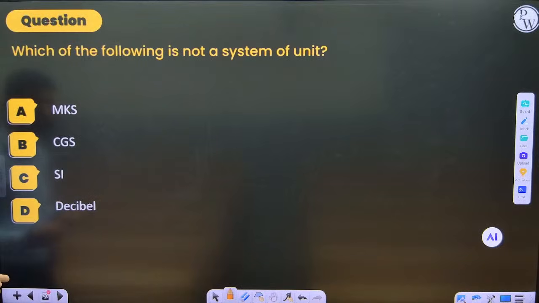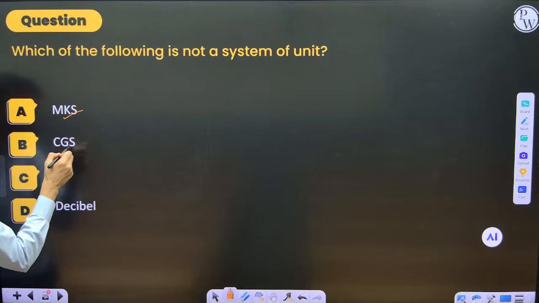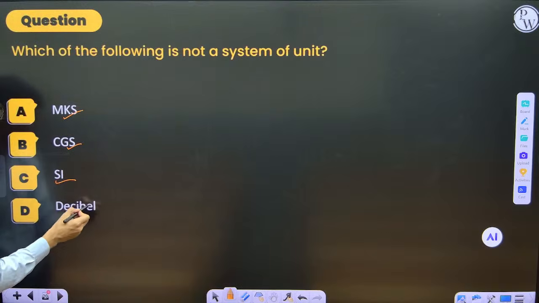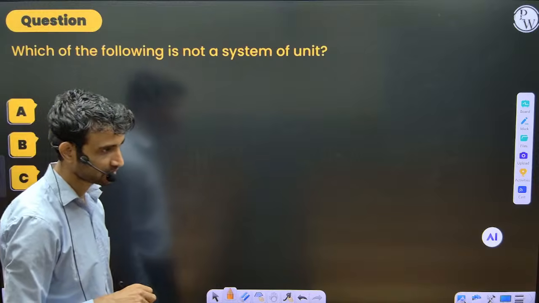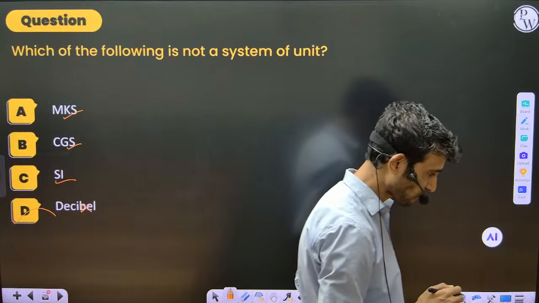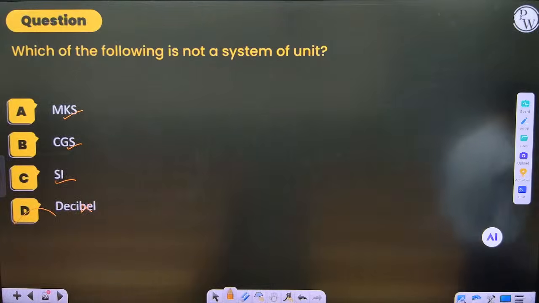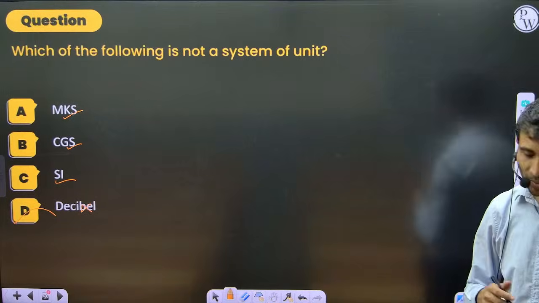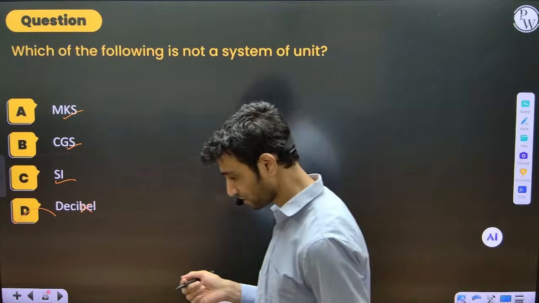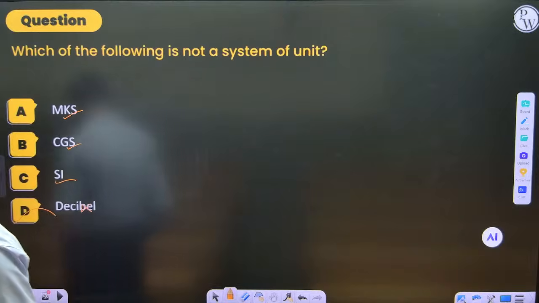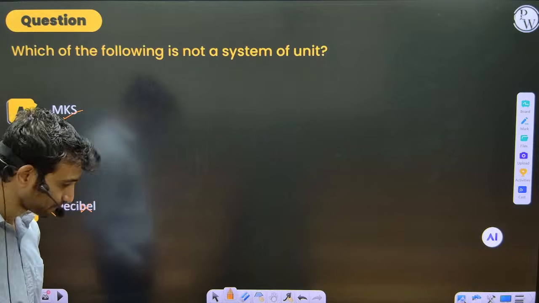MKS? Yes, it is. CGS? Yes, it is. SI? It is. Decibel? No. So that's the correct option. Decibel is not a system of unit. Decibel is a unit of something you'll study later in the sound chapter. It's a unit of loudness.